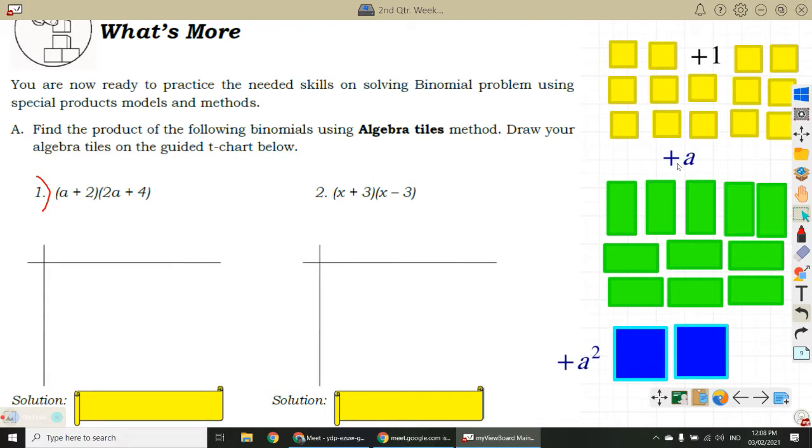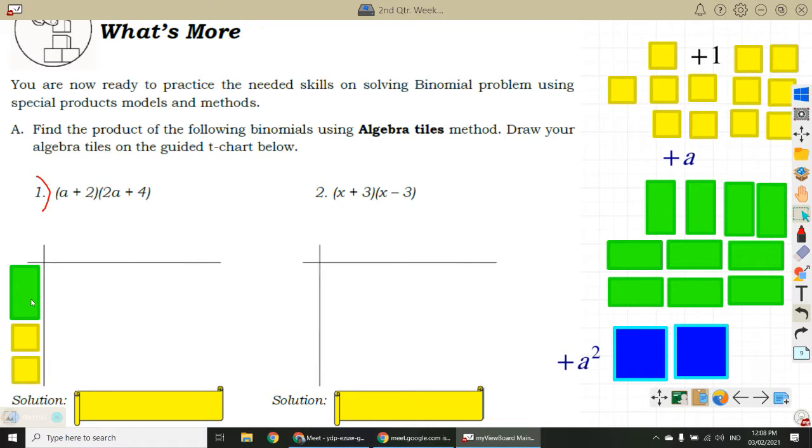Ito naman represents a, as if x nung kanina. And then this represents the units. So, let us represent a plus 2. So we have a, plus 2 units. Represented by 2 units.